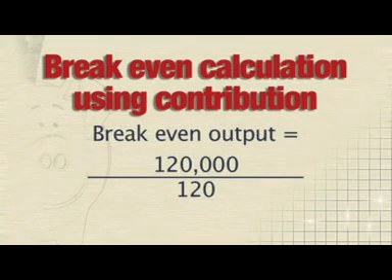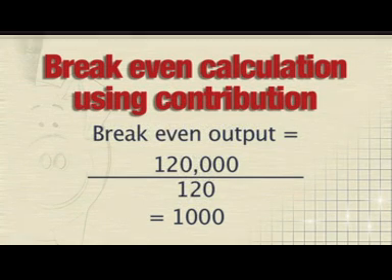This was worked out by taking the variable costs, in this case his materials, away from the selling price, which is £200. 120,000 divided by 120 equals 1,000, which is the number of surfboards Chris needs to sell to break even.